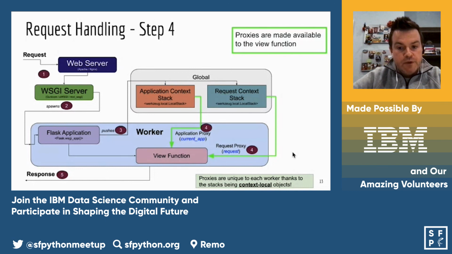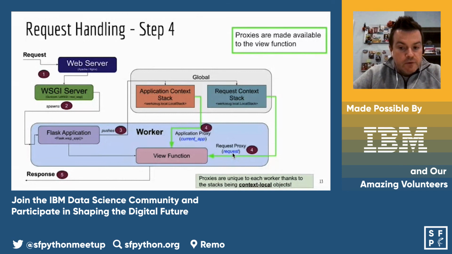Now, what's really cool about these proxies is that the proxy is going to be unique to each worker, because the stacks are implemented as context local objects. This is a confusing topic, but in Python, there's this concept of thread locals, which means data that is local to a thread. And in Flask, they've taken that a step further, and they've come up with context locals, which is data that is local to either a thread, a process, or a coroutine.